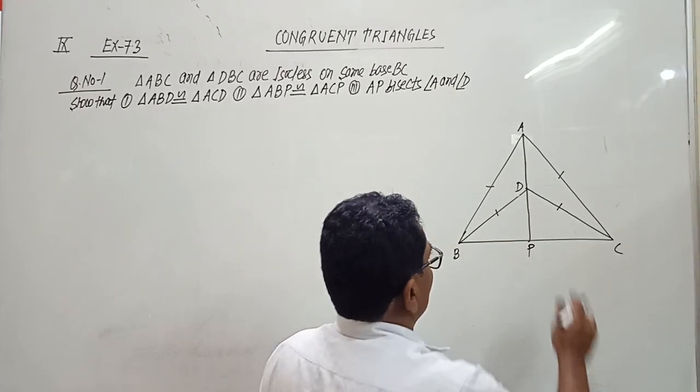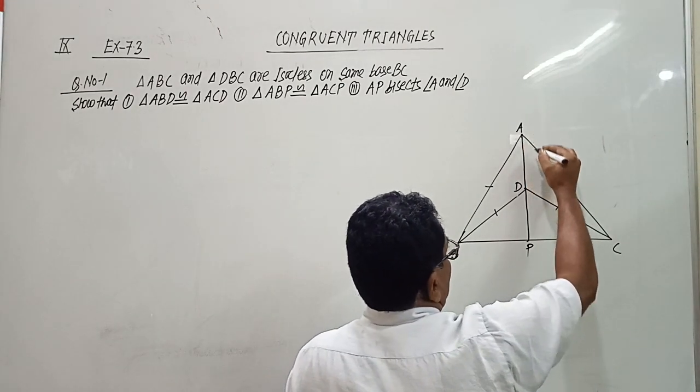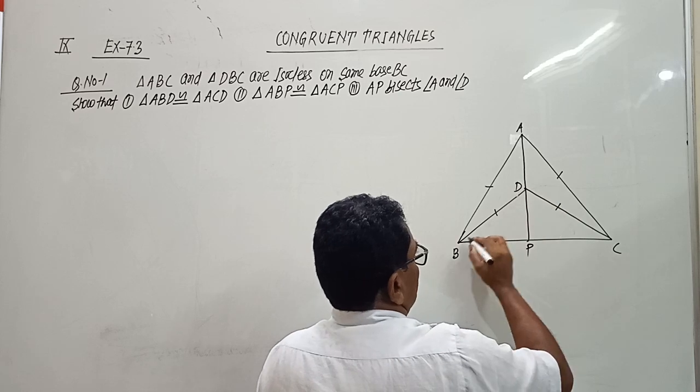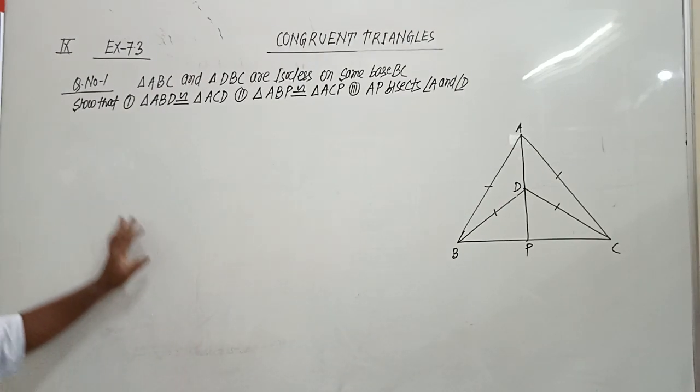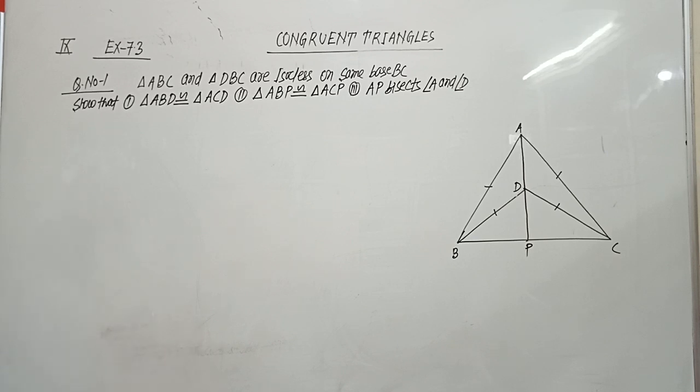It means we have to prove that angle BAP equals angle CAP and angle BDP equals angle CDP.